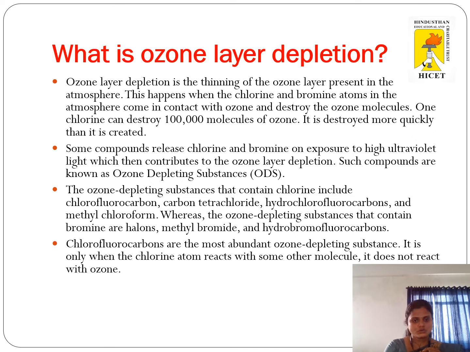Whereas those that contain bromine or halogens are methyl bromide and hydrobromofluorocarbons. Chlorofluorocarbons are the most abundant ozone depleting substance. It is only when the chlorine atom reacts with some other molecule that it does not react with ozone.